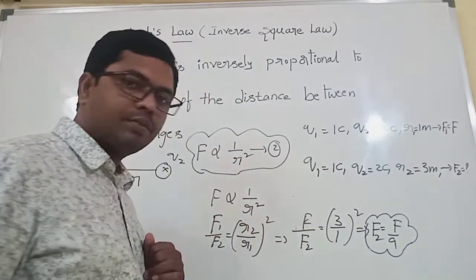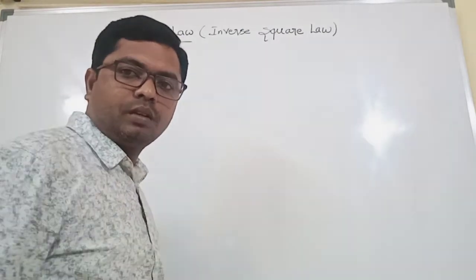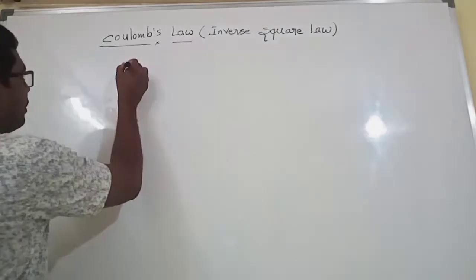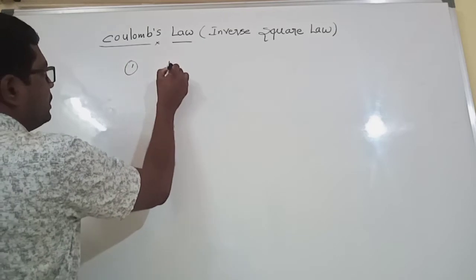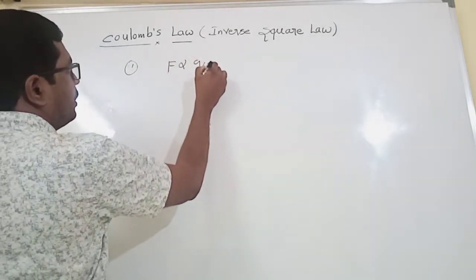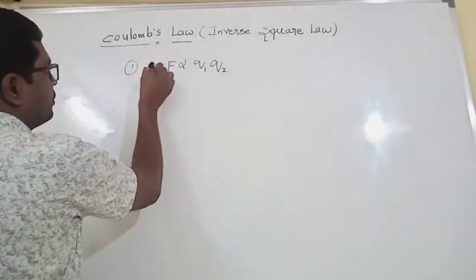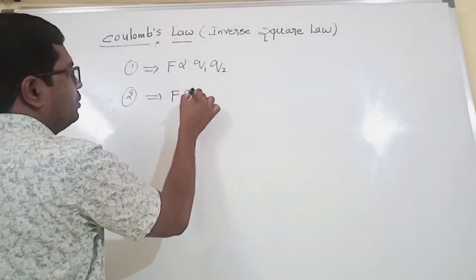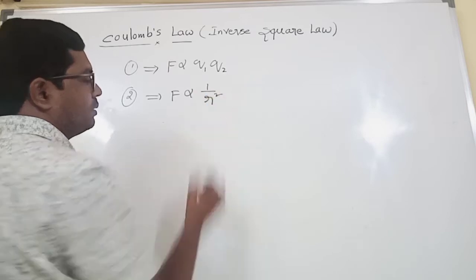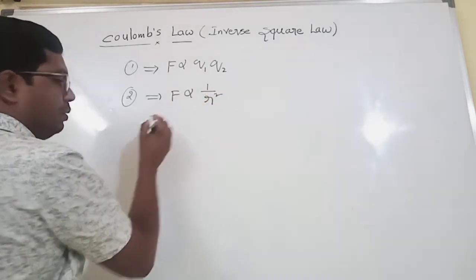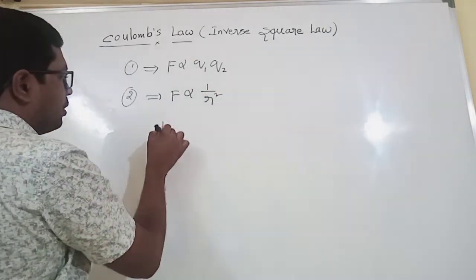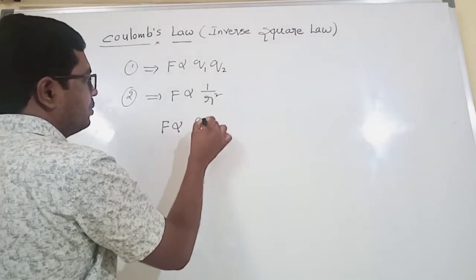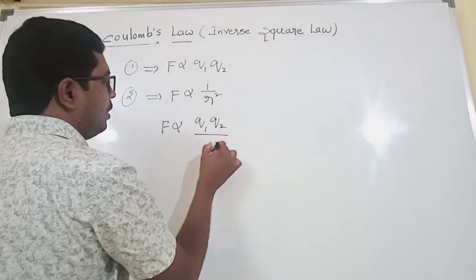So from the first and second, from the first, I said that force is directly proportional to product of charges. Second one, force is inversely proportional to square of the separation. From these two, F is directly proportional to Q1 Q2 by R square.